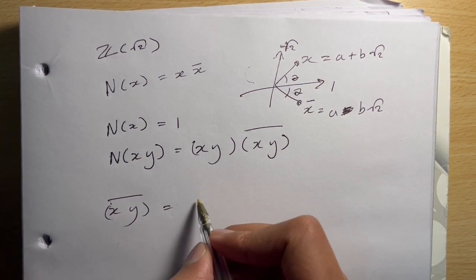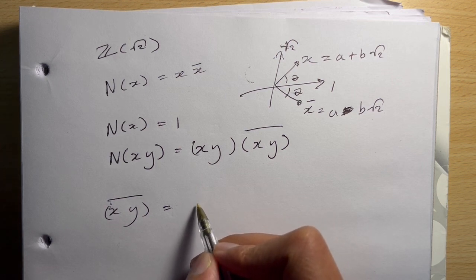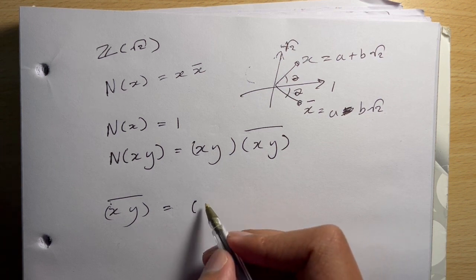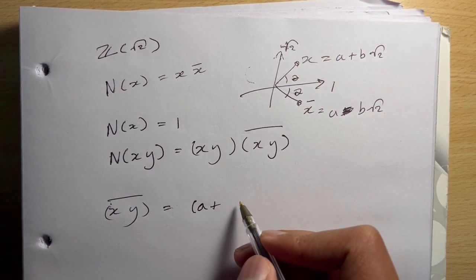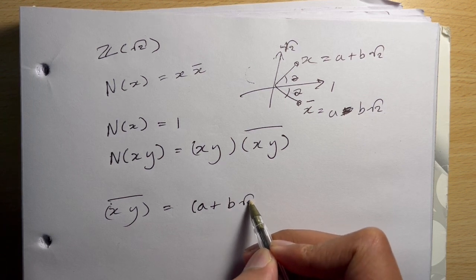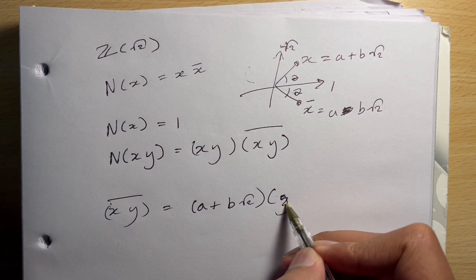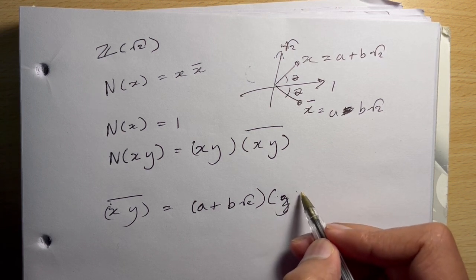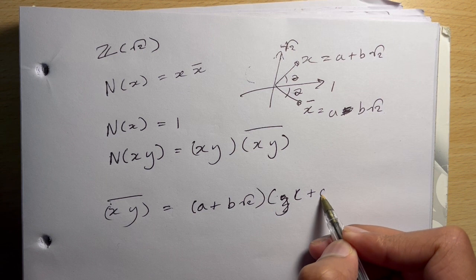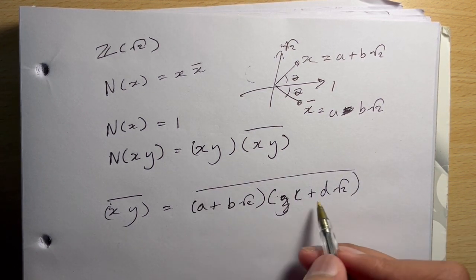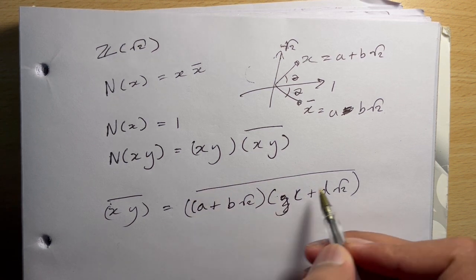So let's just compute xy first. Oh, so we need to pick some values for x. So x is a plus b square root of 2, and y equals c plus d square root of 2, and we'll complement the whole thing. We multiply this inside first, and then we'll take the complement of the whole thing.